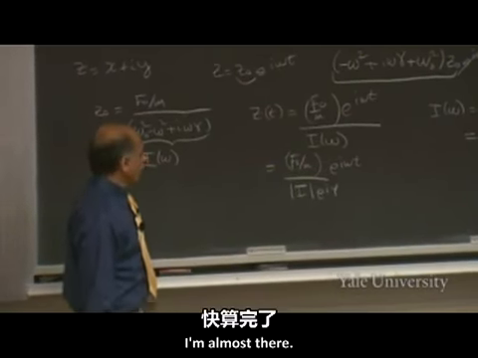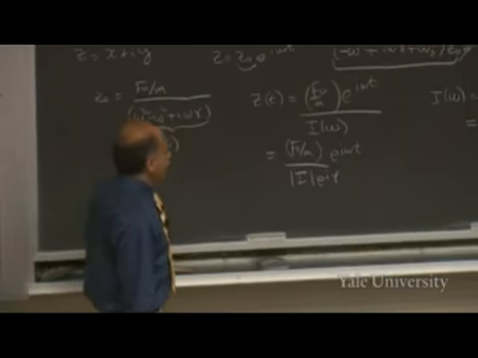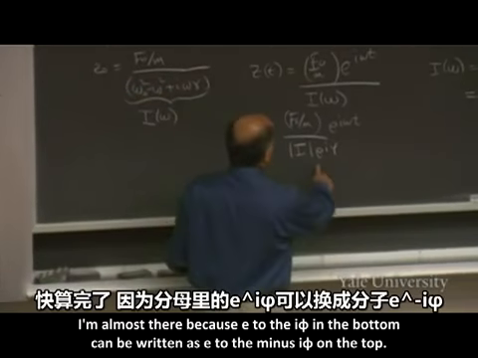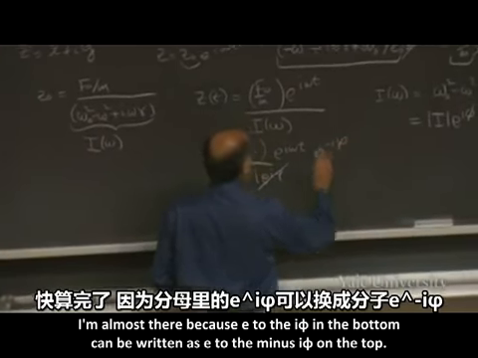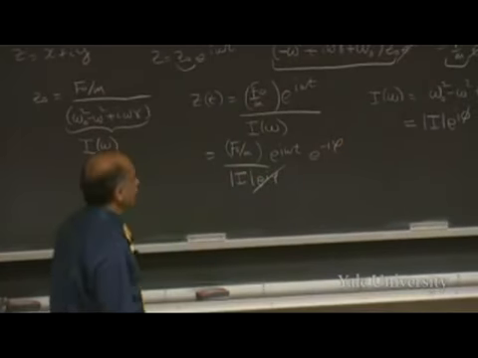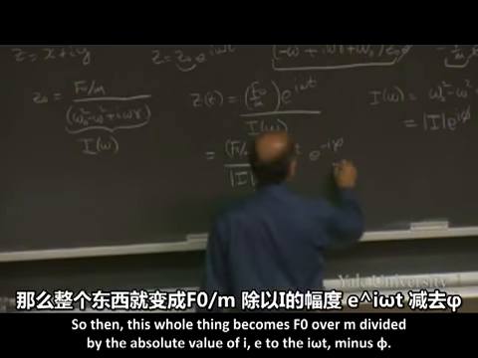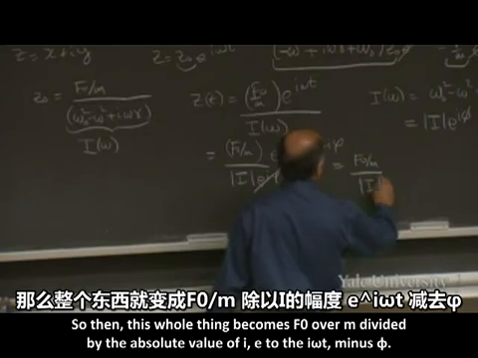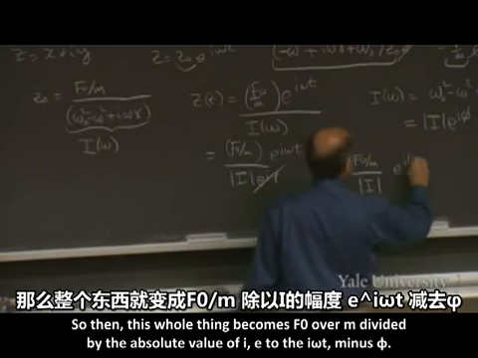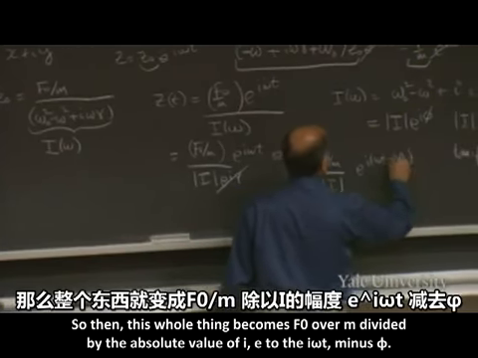I'm almost there, because e to the i phi in the bottom can be written as e to the minus i phi on the top. So this whole thing becomes f0 over m divided by the absolute value of I, times e to the i (omega t minus phi).